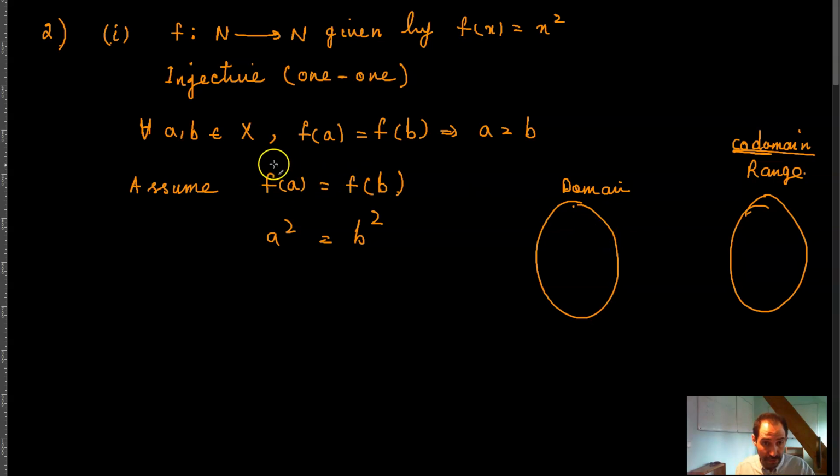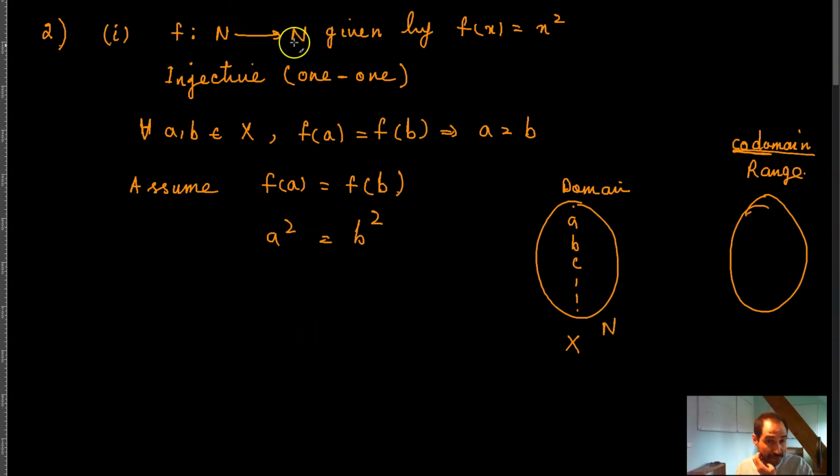Now all of these elements a, b, c, and so on and so forth, when we say that they belong to X, that means that they belong to the domain of the function. Now here we are saying that this N over here means that the domain of the function is the set of natural numbers.